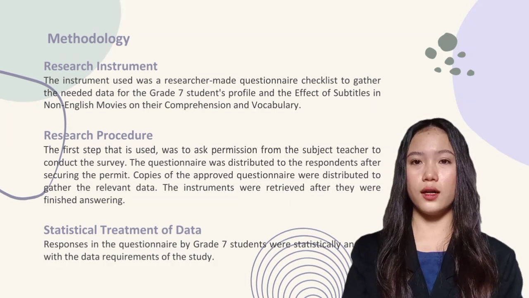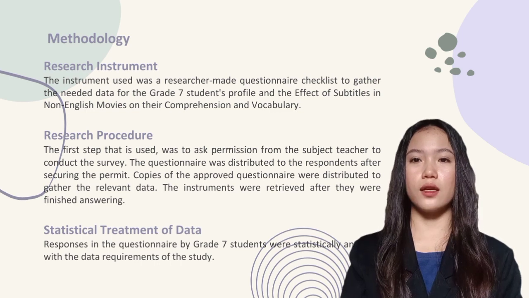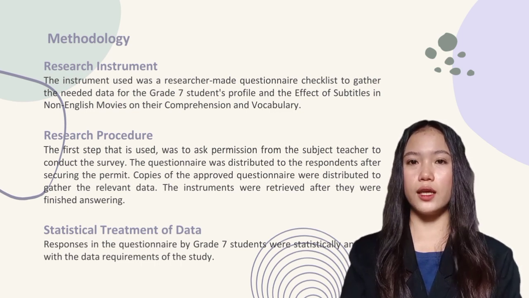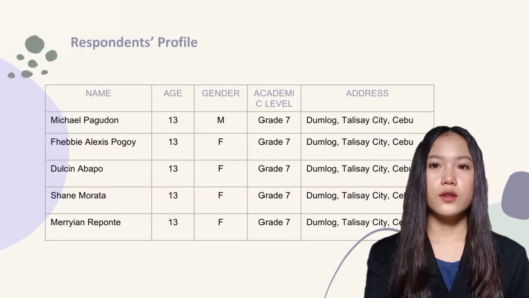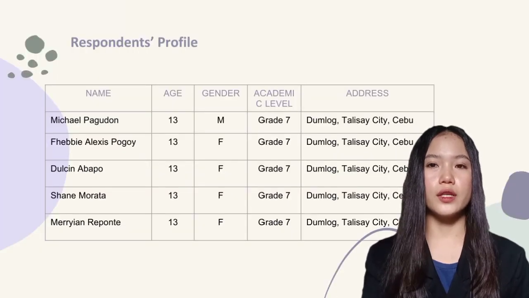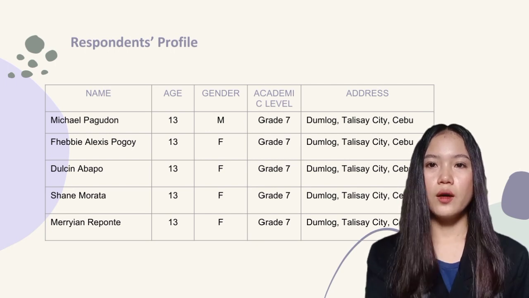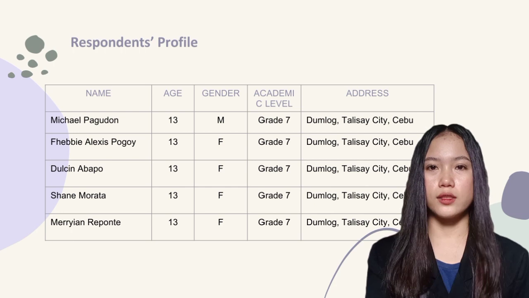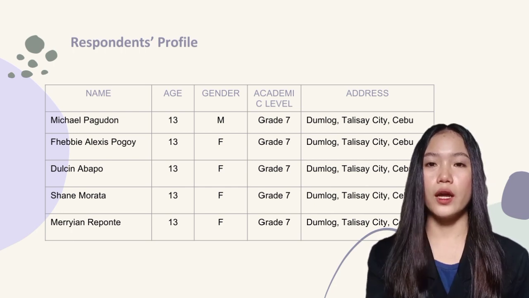The statistical treatment of data. Responses in the questionnaire by grade 7 students were statistically analyzed according to the data requirement of the study. The respondents of this study are grade 7 learners of Talisay City National High School, namely Michael Pagodon, Phoebe Alexis Pugoy, Dulcin Abapo, Shane Murata, and Marianne Ripote.